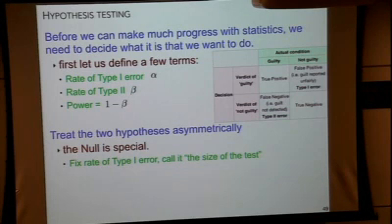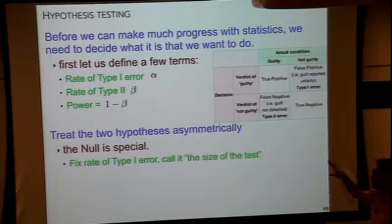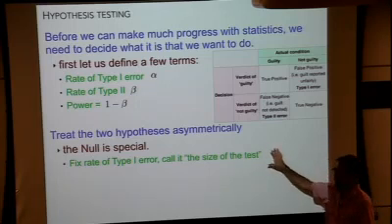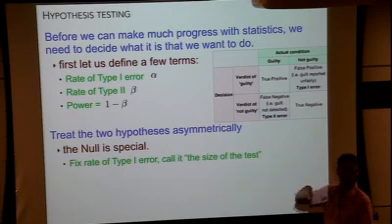So at this point, everything looks symmetrical, right? But the approach that Neyman and Pearson took was to treat the two hypotheses asymmetrically. So you say, I'm going to think of the null hypothesis as special, and I'm going to try to control the rate of type 1 error, the rate at which I incorrectly reject my null hypothesis.